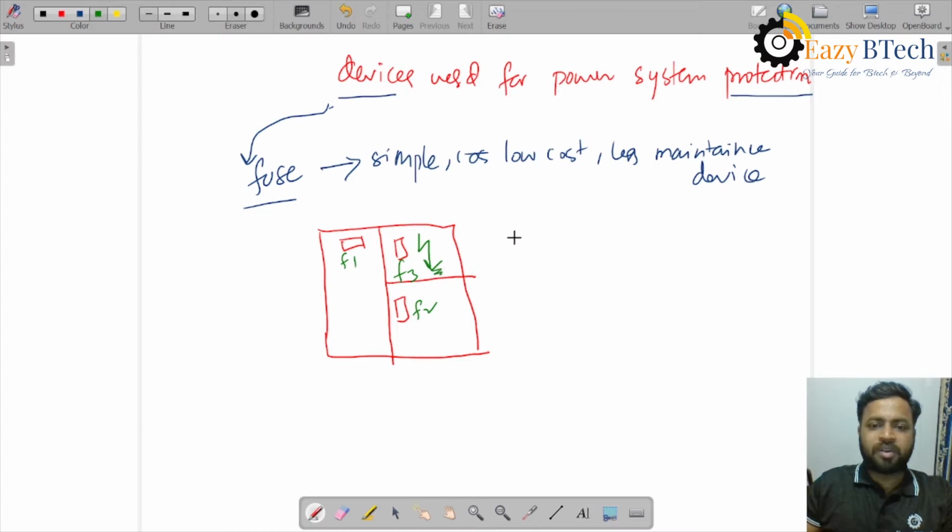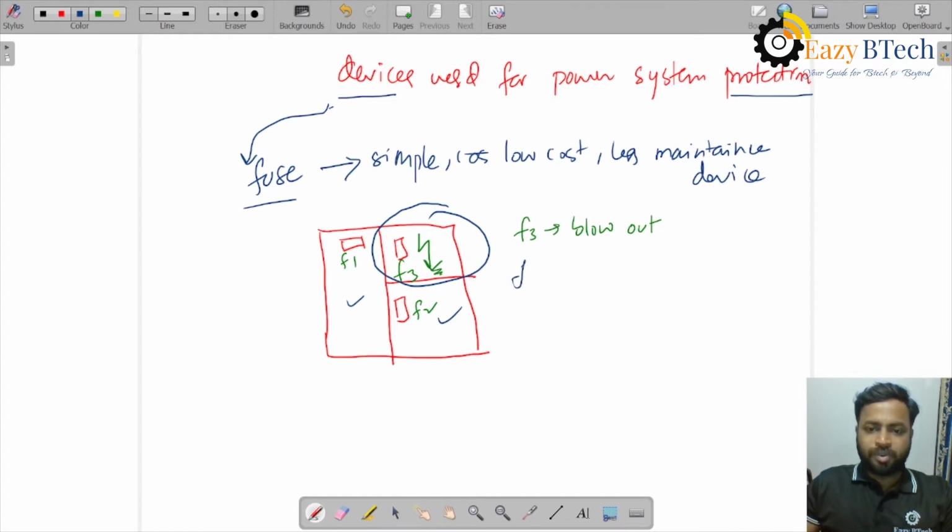So when there is a fault in room number 3, then F3 will blow out. So essentially the fuse here is trying to isolate this particular room or the faulty section from the healthy sections, the other rooms.